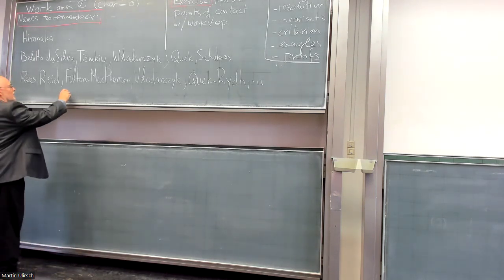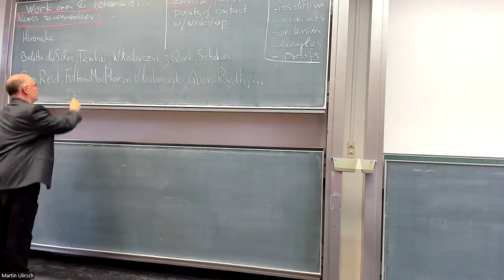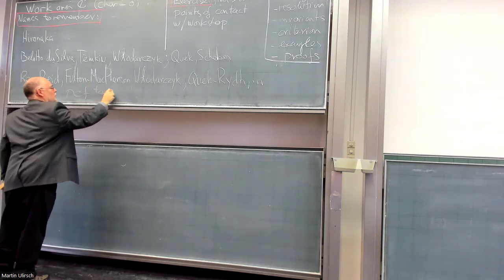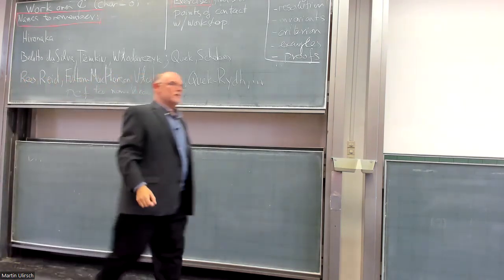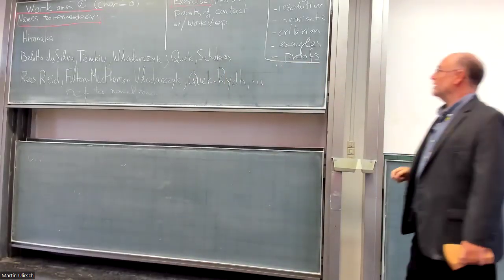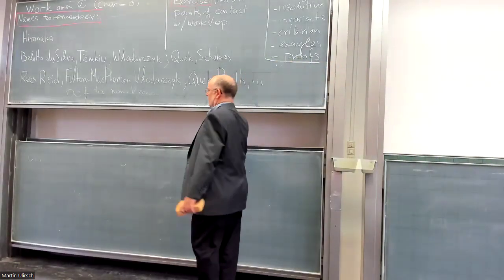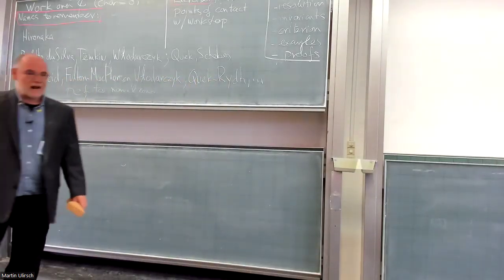So it has to do with the deformation to the normal cone. By Vodacek, who calls it a birational cobordism. Same thing, and by Quek and Reid in the generality that I will need.